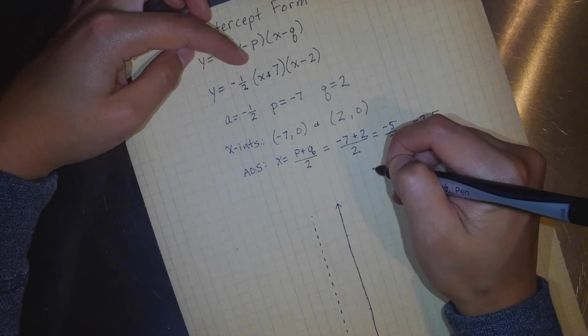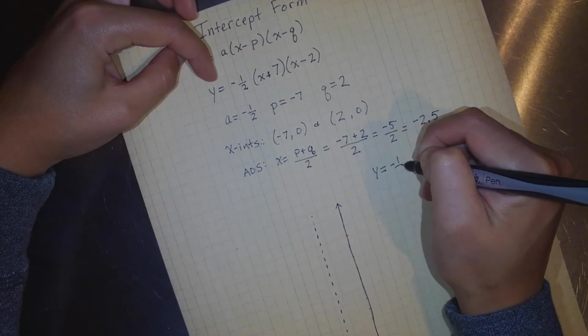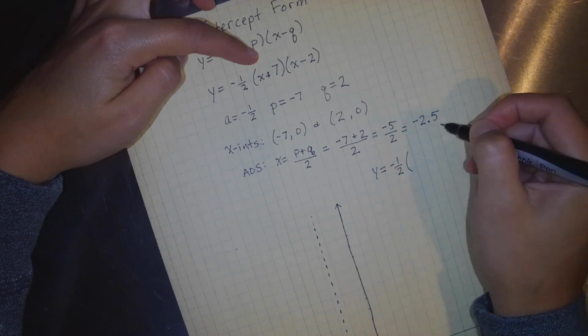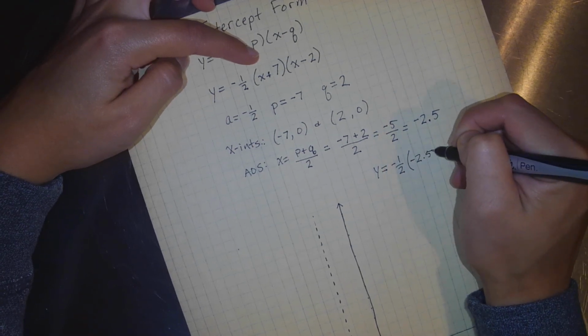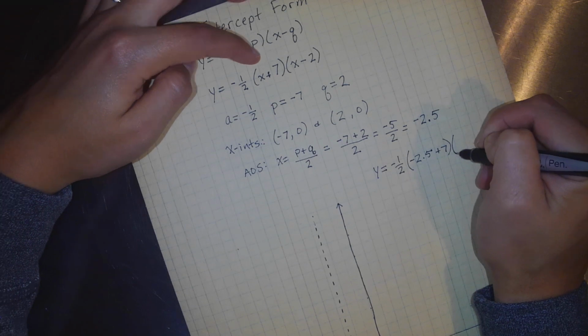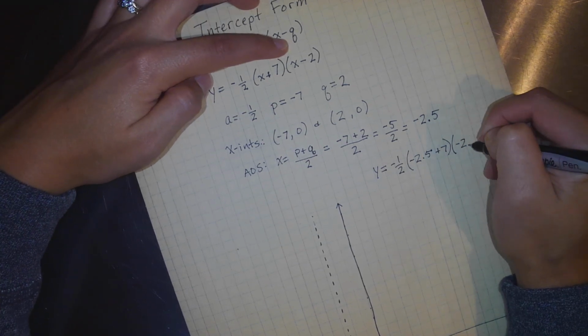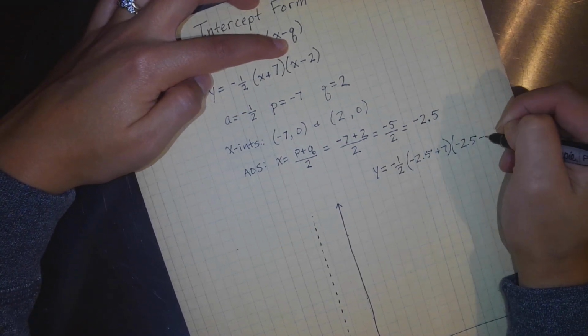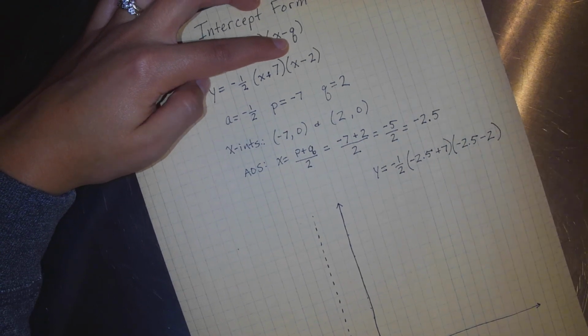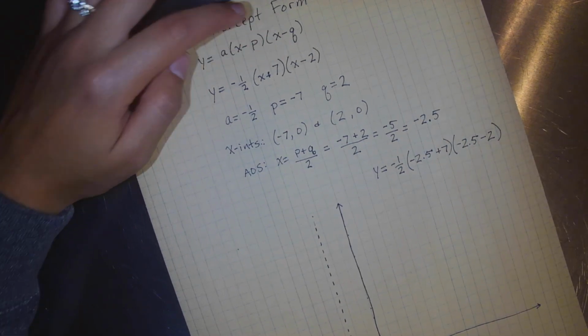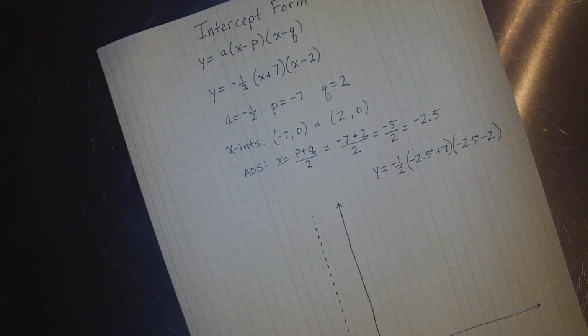I'll have y equals -1/2, and then x will be -2.5 plus 7 times -2.5 minus 2. -2.5 plus 7 will give us 4.5.